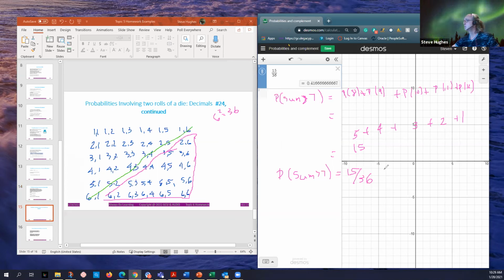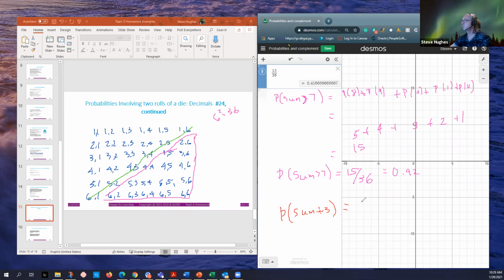All right, next one. P of the sum is divisible by 3.